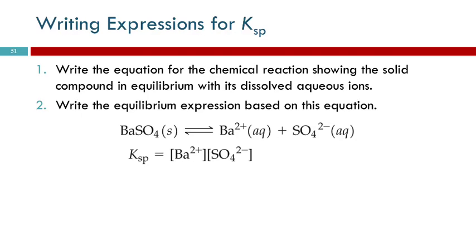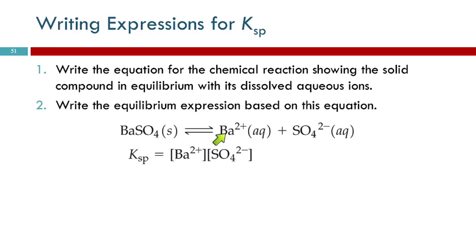So writing expressions for KSP, the first thing we have to do is write the equation for the chemical reaction. And we're going to write it so that we show the solid compound in equilibrium with its dissolved aqueous ions. So for barium sulfate, we're going to have barium sulfate solid as a reactant. And then over here, we're going to put what it'll form when it dissolves in water.